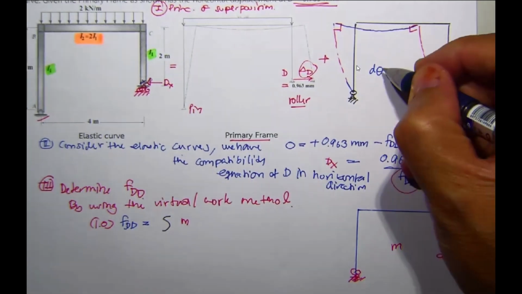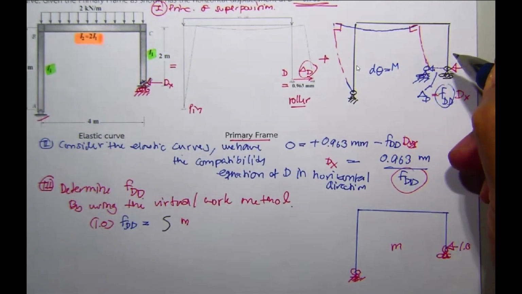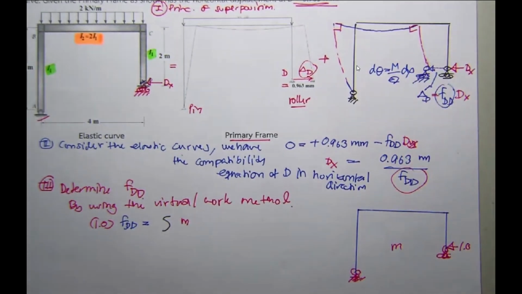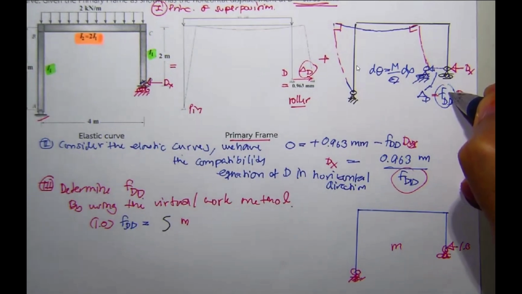will this d theta, but this d theta equal to capital F divided by EI dx. But for this one, F sub dd is quantity.